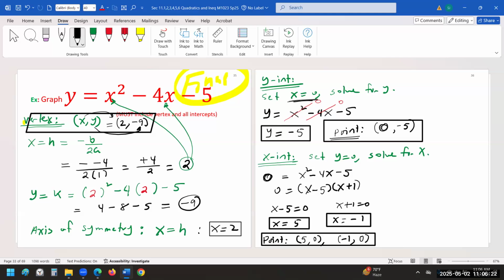So we found x-intercept, y-intercept, vertex. And the last thing they are asking us to do is graph it.